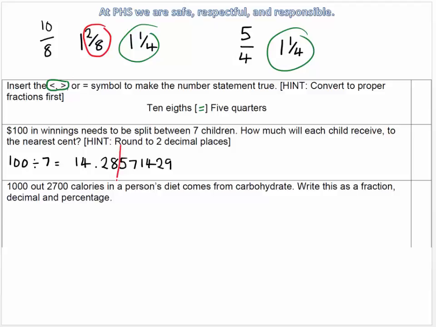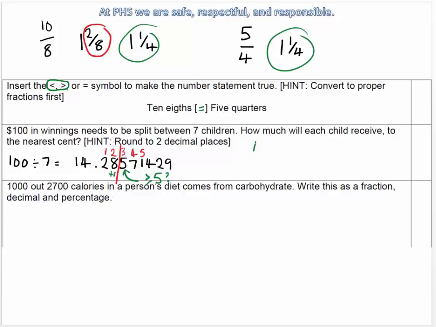Okay, so we've got to round to 2 decimal places. So here's my first decimal place, and here's my second decimal place, and here's my third, my fourth, and so on. We want to round to 2, so we're putting a line after the 2. Now, when we're rounding, we have to check the one after the place we're rounding to. If this is greater than or equal to 5, then I have to round up. And this one is greater than or equal to 5, so we've got to add 1 to this column here.